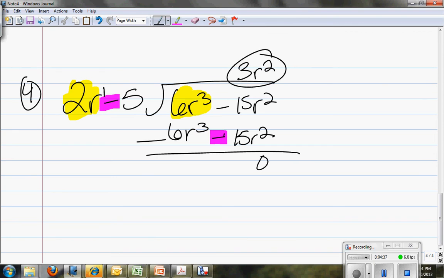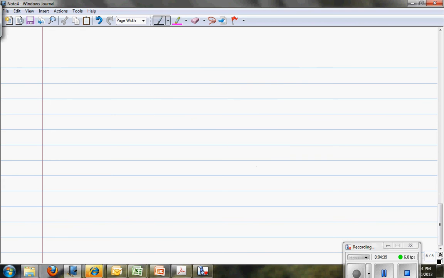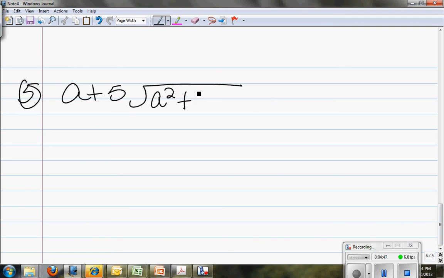All right, 2 more. Flip on the back. Number 5, a plus 5 divided by a squared plus 6a plus 5. Check. A squared. What do you have to multiply a by to get a squared?